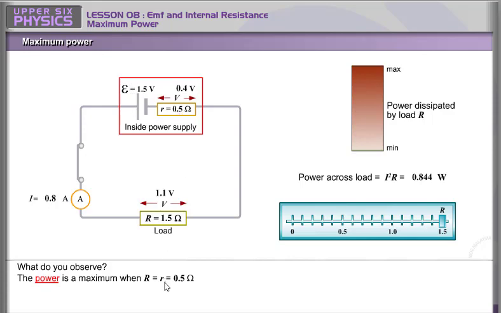So please note it down somewhere: the maximum power dissipated by the outside R happens when R equals the internal resistance of the cell or the power supply.